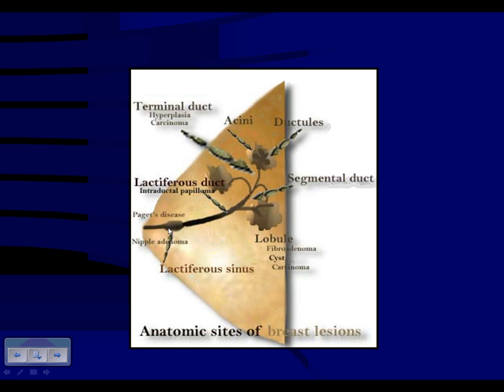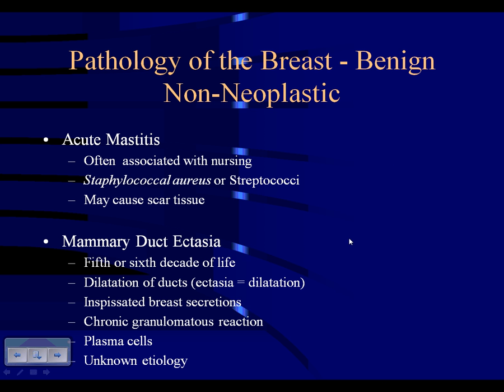At the sinus area or in the subareolar area, which means beneath the areola, you tend to get what's called nipple adenomas. On the nipple, you can get Paget's disease. In the larger ducts, like the lactiferous duct, is where intraductal papillomas like to occur. But it's in the more distal locations where you get your other lesions, both benign and malignant. And we're going to talk about those beginning now.